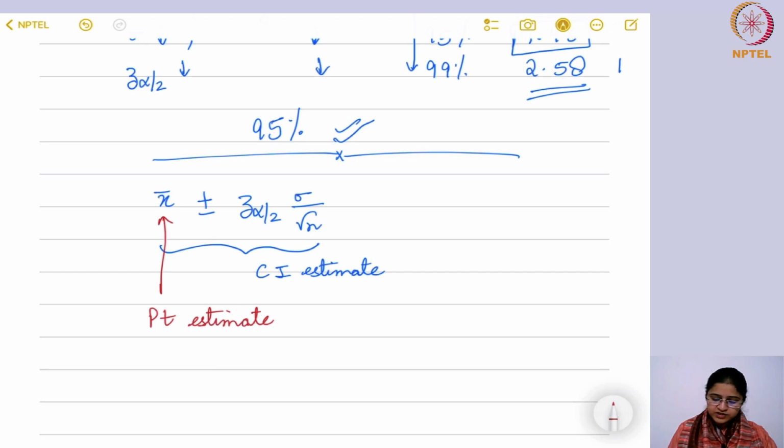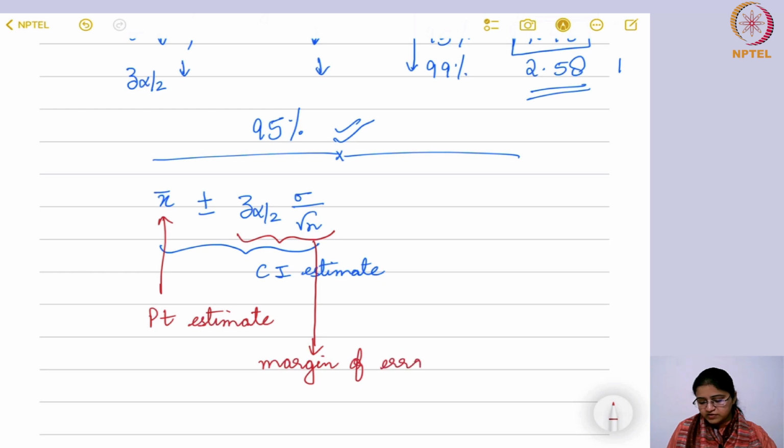And this is the quantity that we are adding or subtracting to it. So this is basically referred to as the margin of error, because this much margin of error can be given, that it is going to be lying between these two endpoints. We are giving this much width for that interval. So this is the margin of error, and that is what we denote as E.